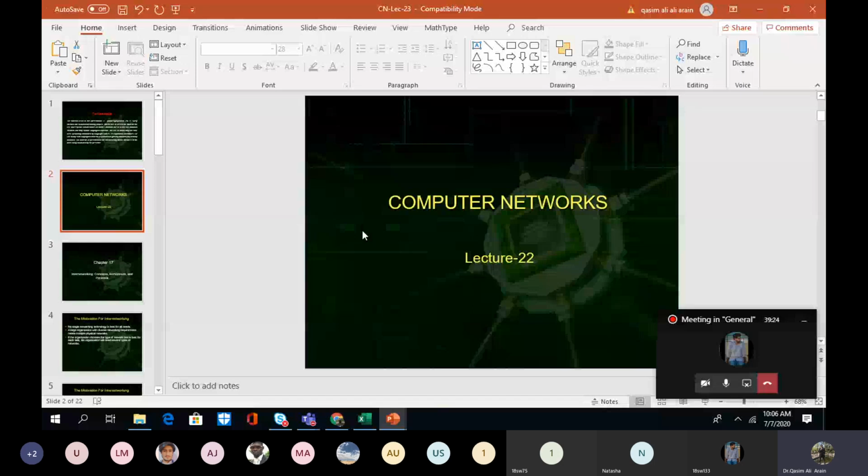Now, let's suppose we have a LAN which is using Ethernet, like a bus or any topology. Another network might be using frame relay, and another network is using FDDI, right?